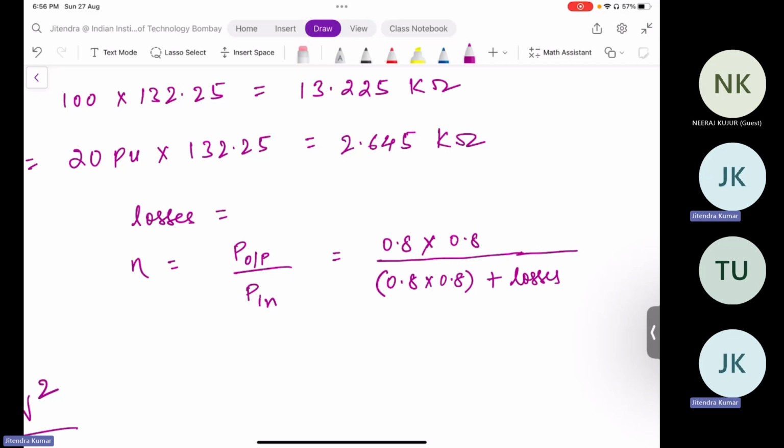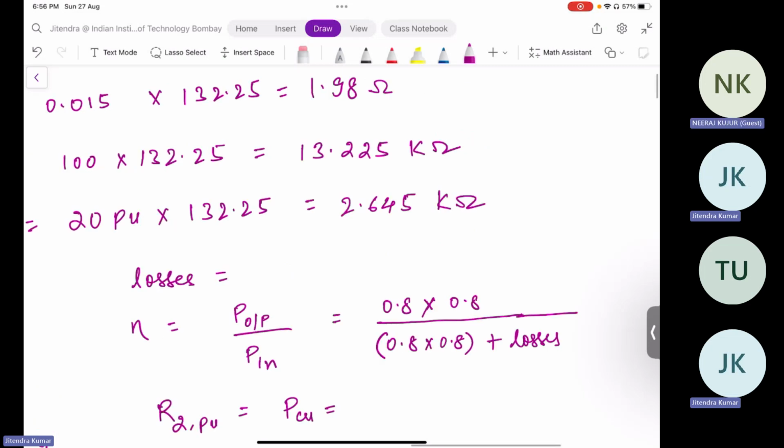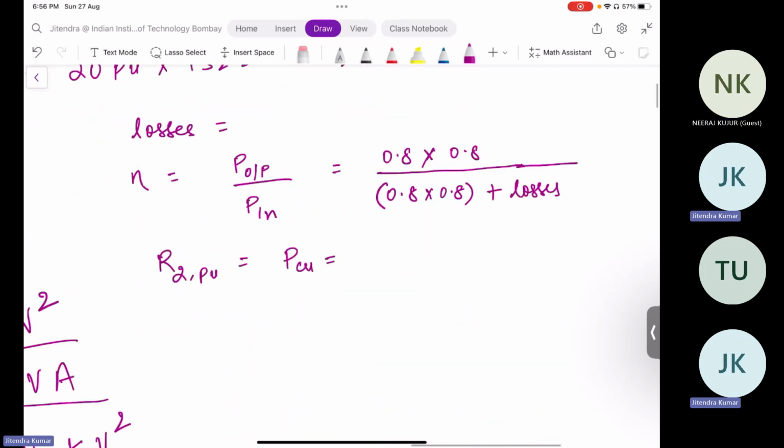First we will find out the losses in our series resistance. The series resistance copper loss would be equal to R2 per unit. How much is R2? 0.015, I guess.